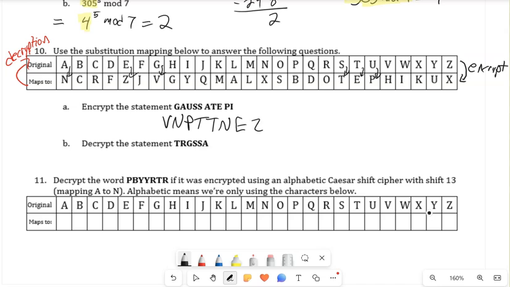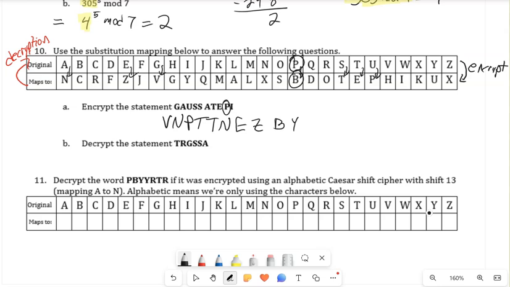This is Z. P is a B. I is a Y. Gauss 8 pi. We have encrypted the statement with this substitution mapping. And encryption goes from top to bottom. So you just find the letter like P and go down, and that's how we replace P with B.